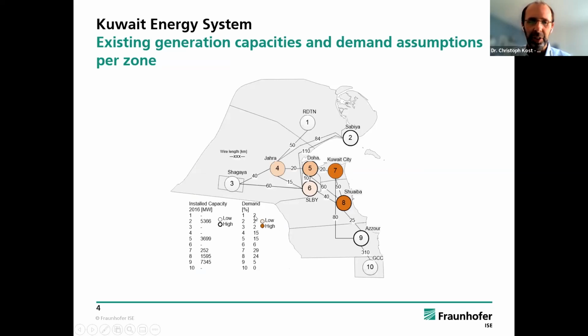We also connected the electricity demand, which is distributed differently over Kuwait compared to the installed capacity here on the left-hand side. And you see Shagaya as one single node at the moment. Its installed capacity is 0 because this was before the 70 megawatts were installed.